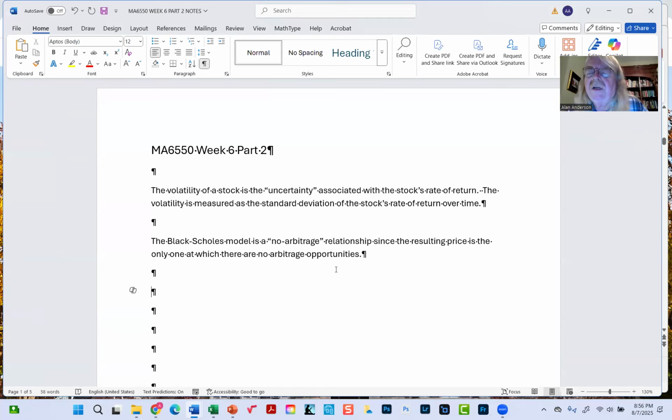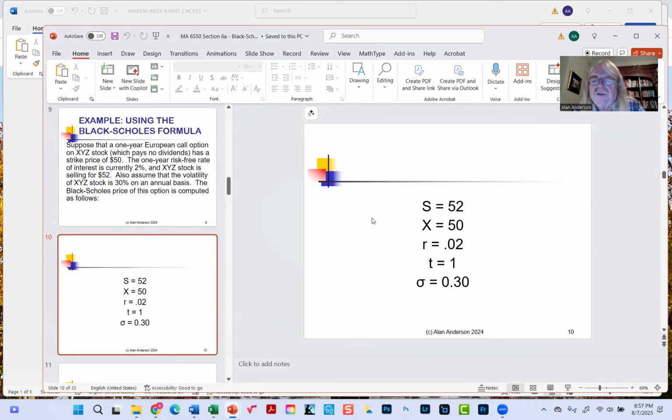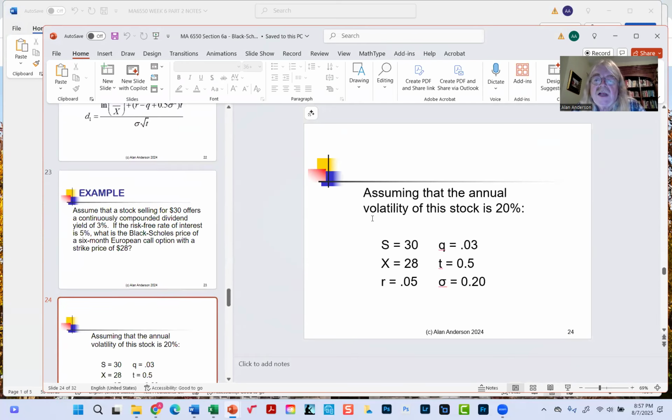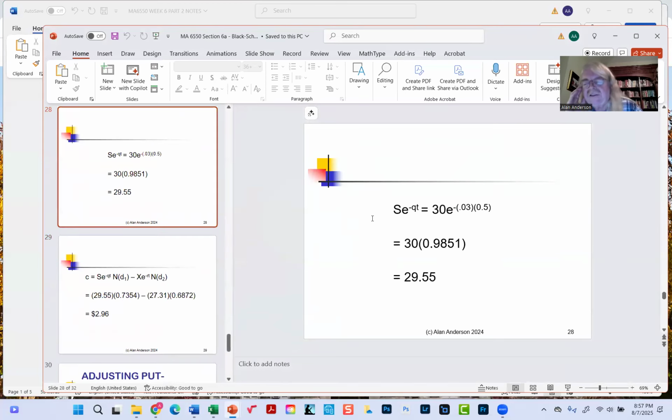A lot of the results in option pricing theory are derived this way, by showing what has to hold to avoid arbitrage, and then maybe explaining how the arbitrage would work if we in fact did have a violation. Now, by the way, later on we're going to go back to revisit put-call parity, and we're going to actually show how to prove it. Well, I just realized it's in a different section, but I'm going to show it to you anyway. I want you to see how we can determine if a relationship is indeed a no-arbitrage relationship.